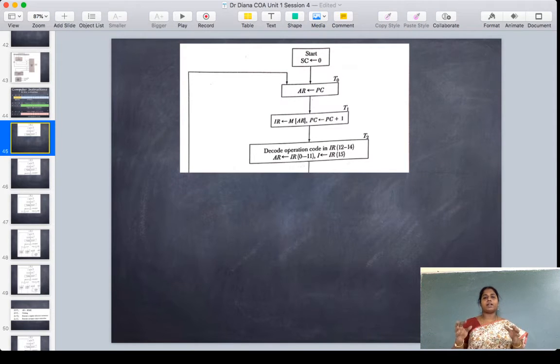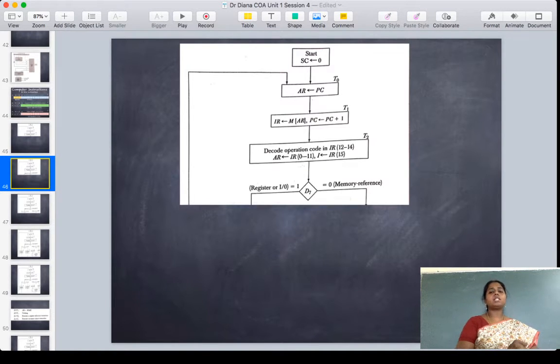So it's usually the address that is placed in bits 0 to 11. That is sent to the address register, and bit 15 of the instruction register is sent to the flip-flop I. This is done in common for all types of instructions.